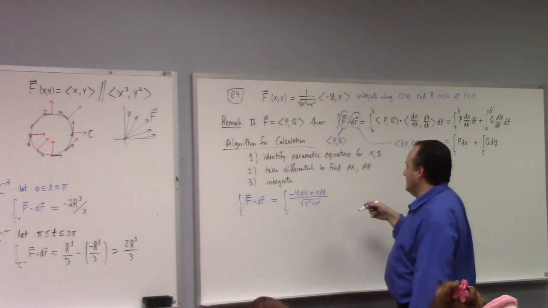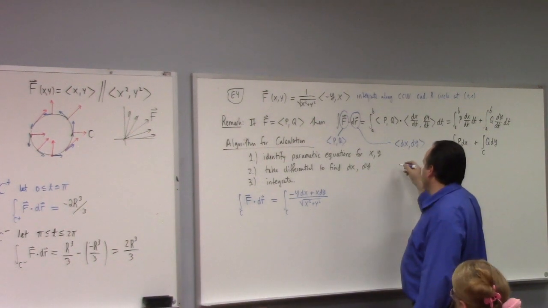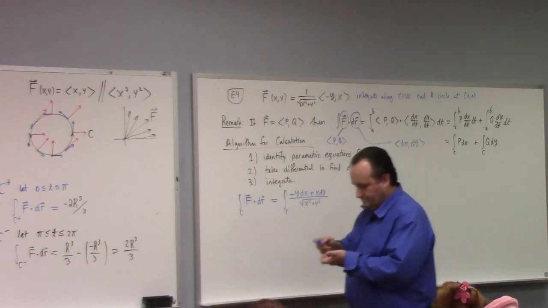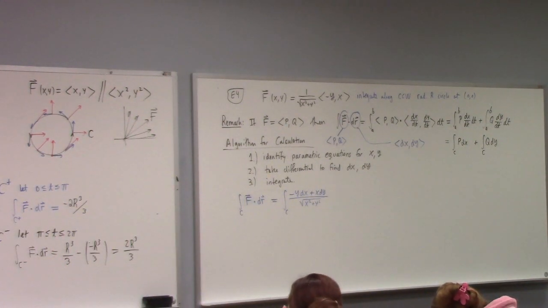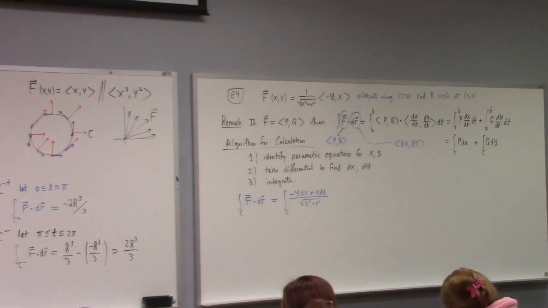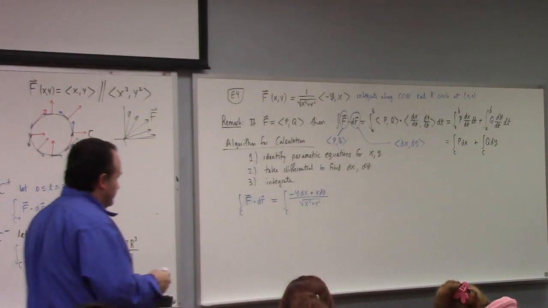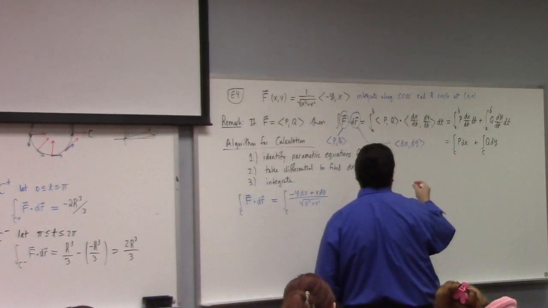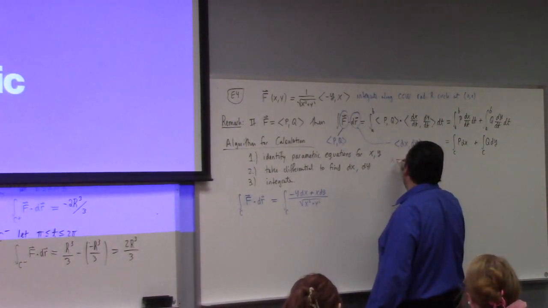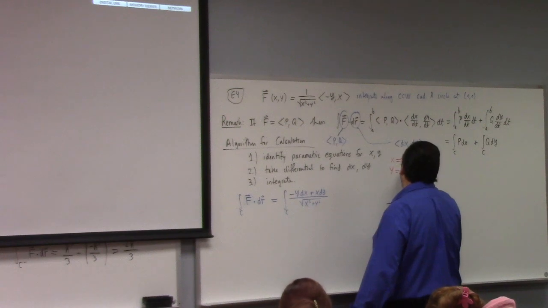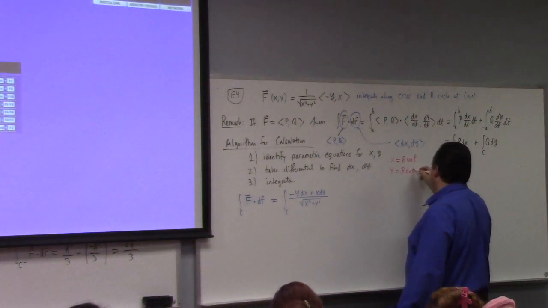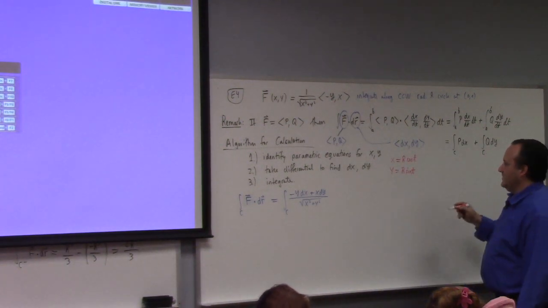Now here, what are my parametric equations? We talked about them already, right? x equals r cosine t, y equals r sine t, right? What happens when you take the differential?